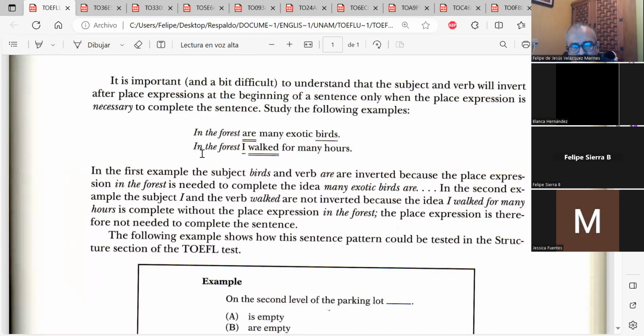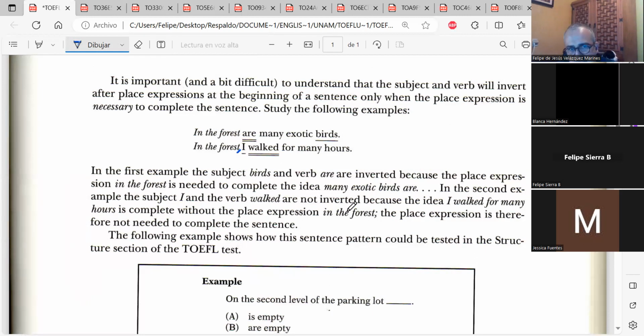But don't get into that. In fact, this is a little bit subjective. Who says that the information is relevant or not? So what I would do is tell the students, okay, what is the parallel here? In the forest, I walk for many hours. A comma is needed here, so that we don't have to do the inversion.